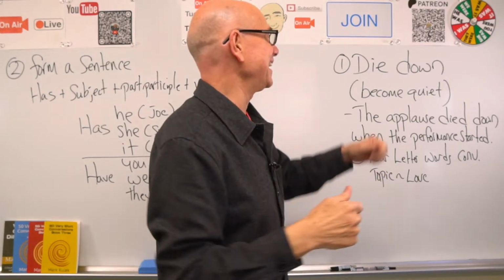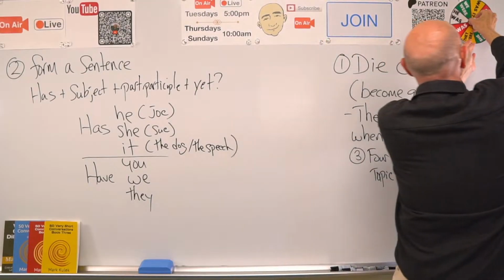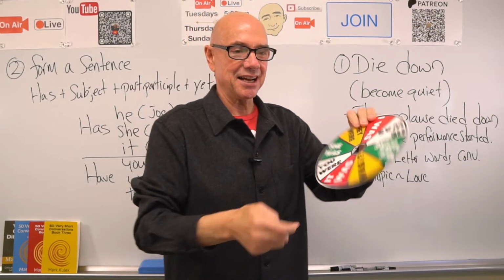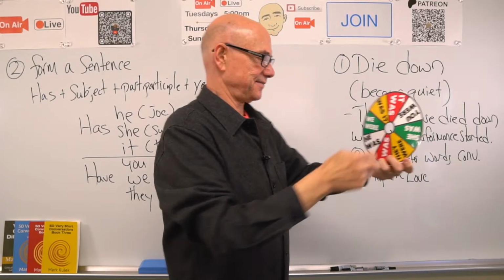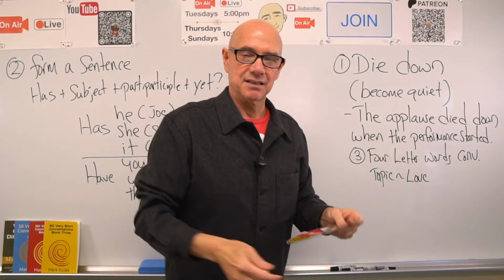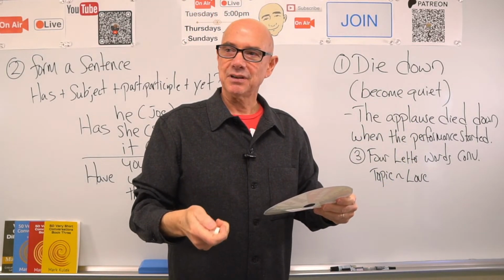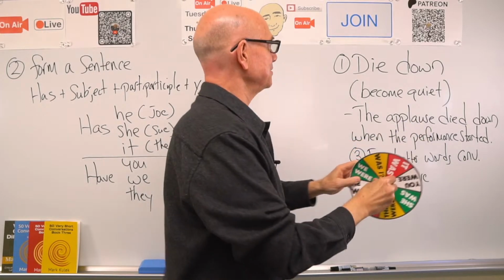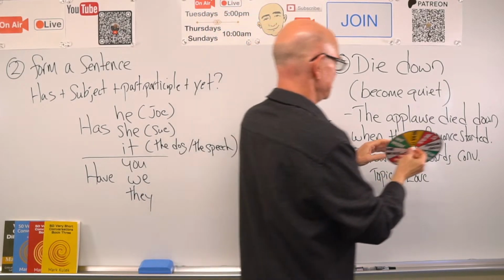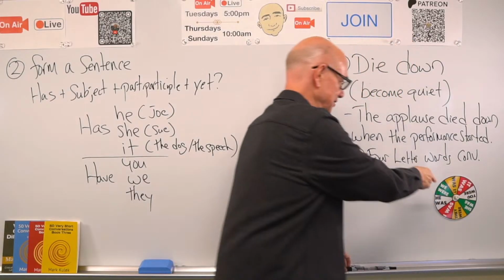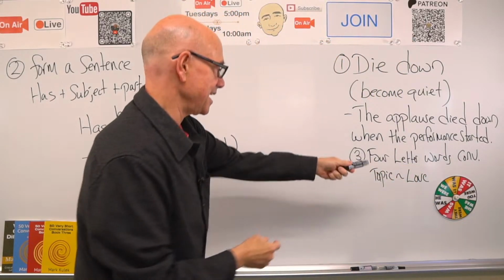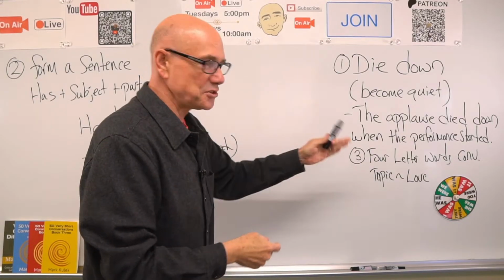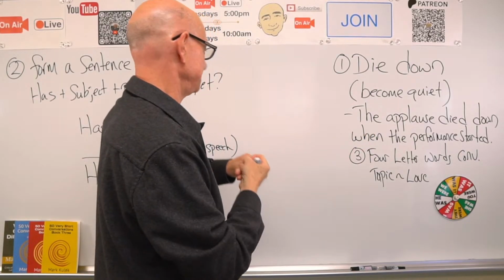Thank you. All right, so here is our grammar wheel, and we got a new wheel. I changed it because one used to keep coming up, right? So it's time for new sentence starters. It's not new, but we haven't used it for a while.